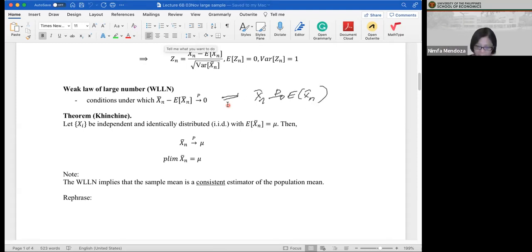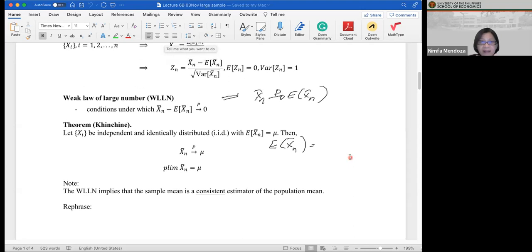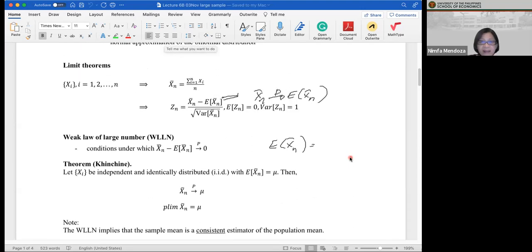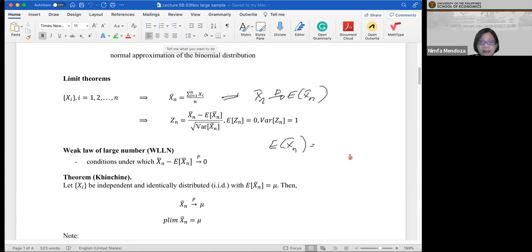What is the expected value of X bar sub n? X bar sub n is the sum of X sub i, i going from 1 to n, divided by n.